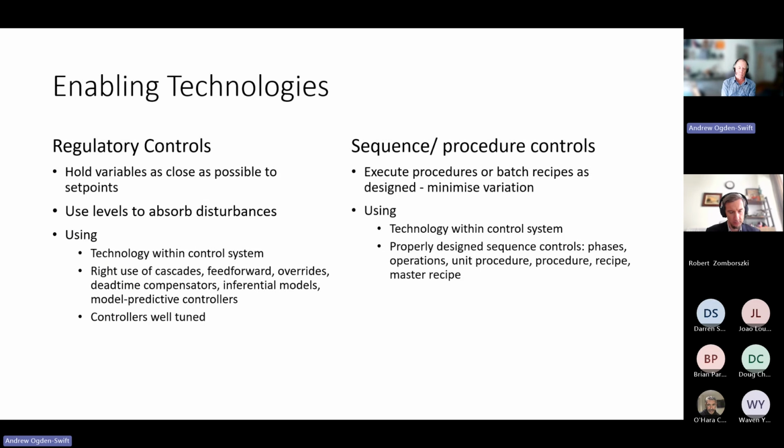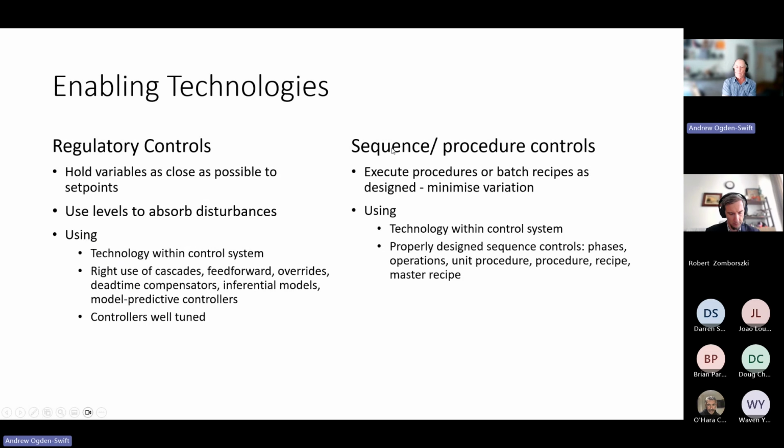So enabling set point changes and disturbance rejection. Also, using averaging level control, so allowing levels to move up and down within their high and low limits to absorb disturbances. And this is typically enabled by technology available within the control system. And the key thing is then the right use of cascades, etc., and making sure the controllers are well tuned.